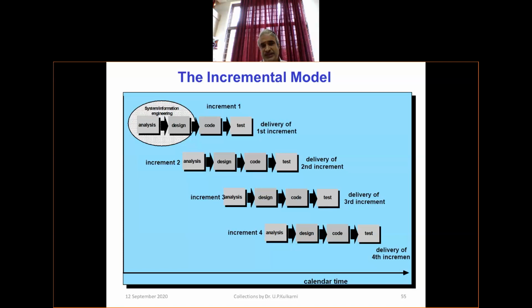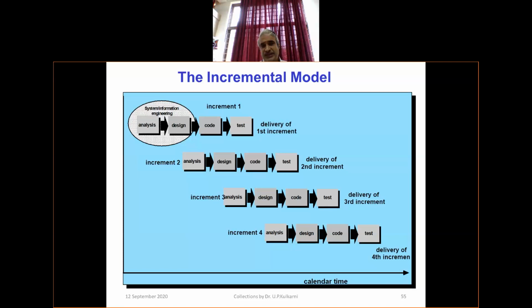The second reason: though it is a 1,000 crore project, I'm new, and you being a client don't want to take the risk of everything. So you do not get into a business contract for all of it, but you say, this increment you develop. Having got it done successfully, we, the client, understand you, the developer or the industry that has taken this contract.